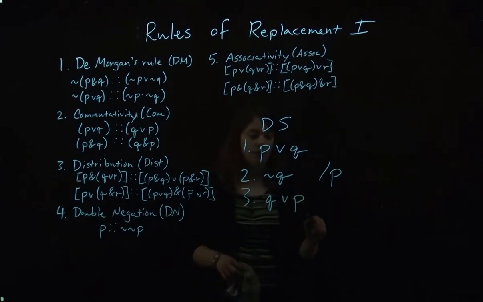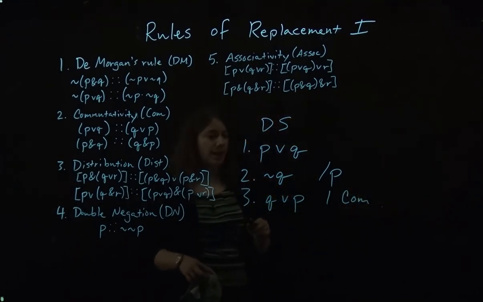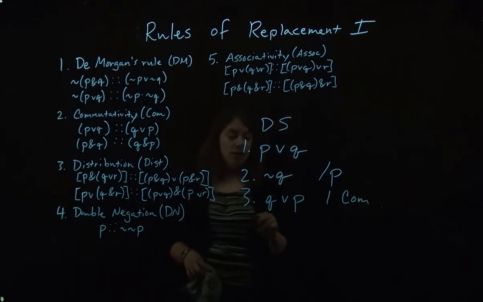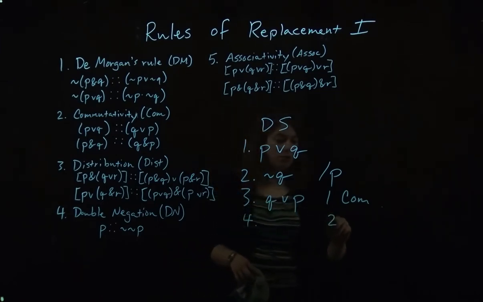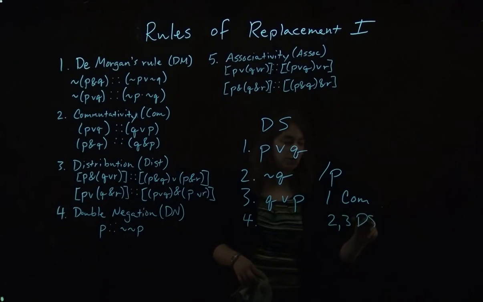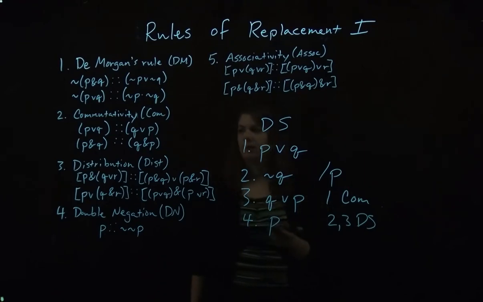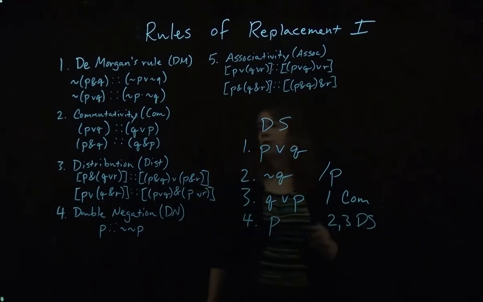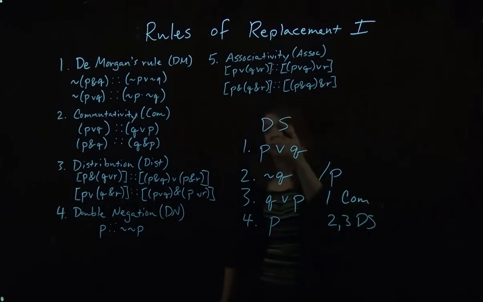So here we go. You switch it around on line 1, using the rule of comm. And then for line 4, you can go on lines 2 and 3, using the rule of disjunctive syllogism. You can then derive P. It's again a formality.